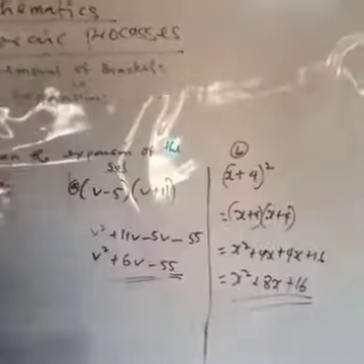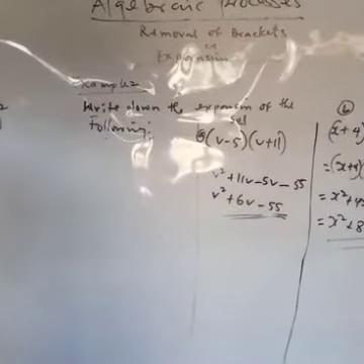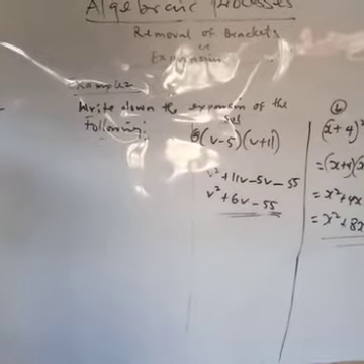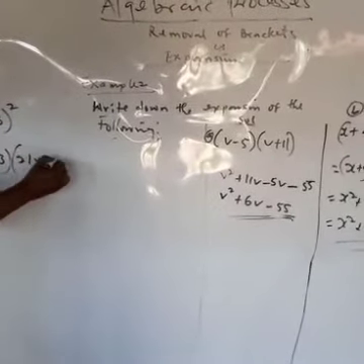Just like in B, we are going to repeat the same process in C. What we are going to do here is write this one twice: 21y minus 3, then 21y minus 3.